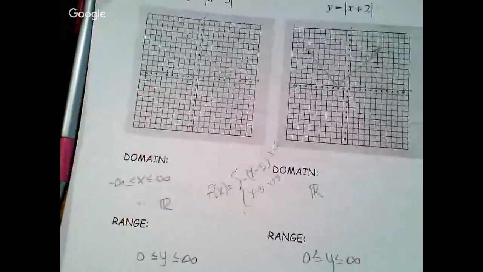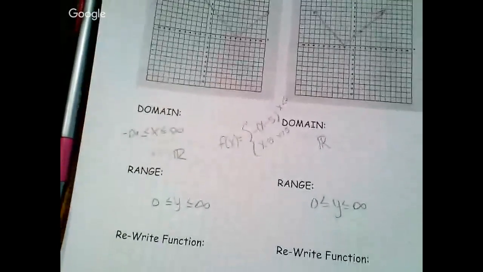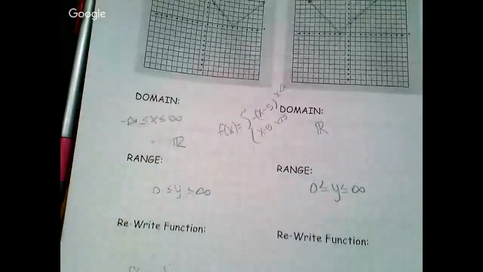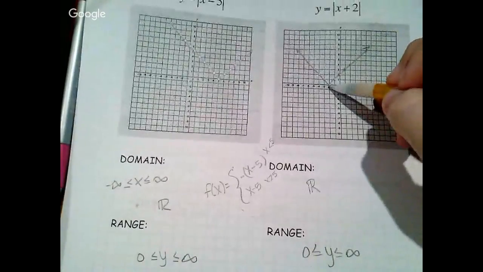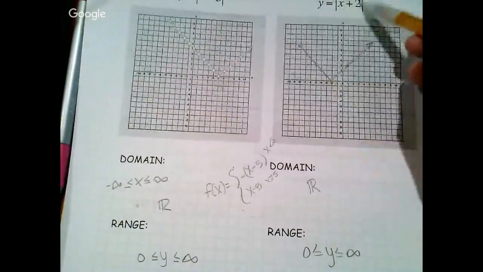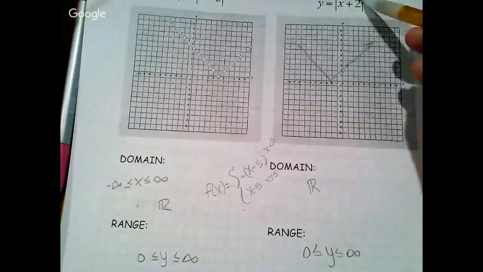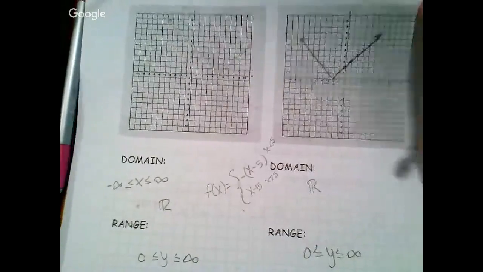All right, welcome back. Let's take a look at this next one here. We have y equals the absolute value of x plus 2. The domain is all real numbers. Range is the same. When we rewrite this, notice that it switches. Its point in which it changes is at x equals -2. So that means when all values of x are less than -2, it's going to take whatever is in the absolute value function and turn it positive, which is the same thing as multiplying by -1.